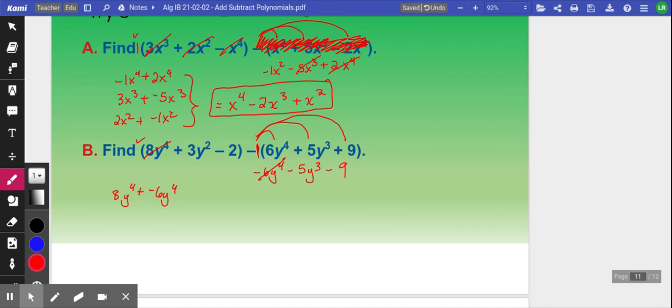And then y to the third is actually our next biggest, and that's over here on the right. So I have negative 5y to the third. Then I have the 3y squared. Okay, and they didn't have anything that went with them. And then I have my constants.